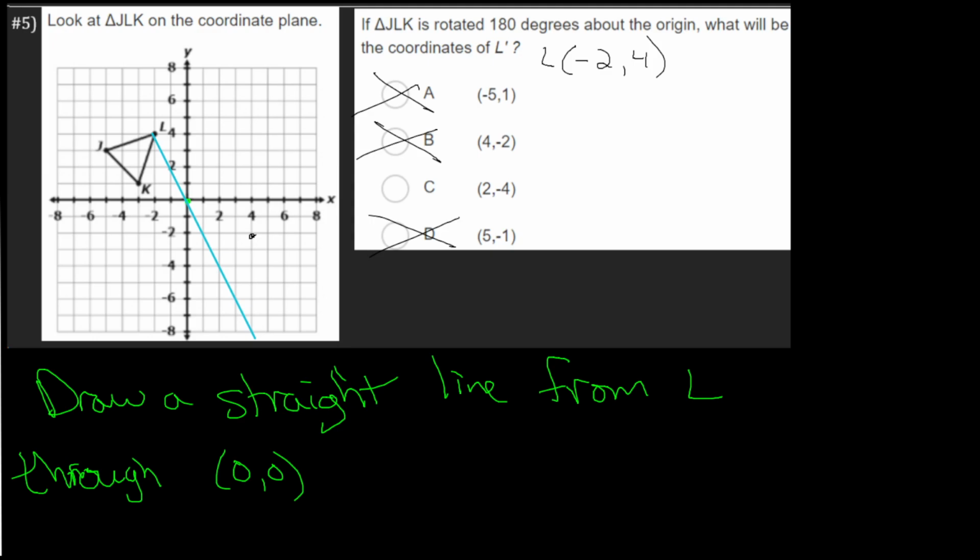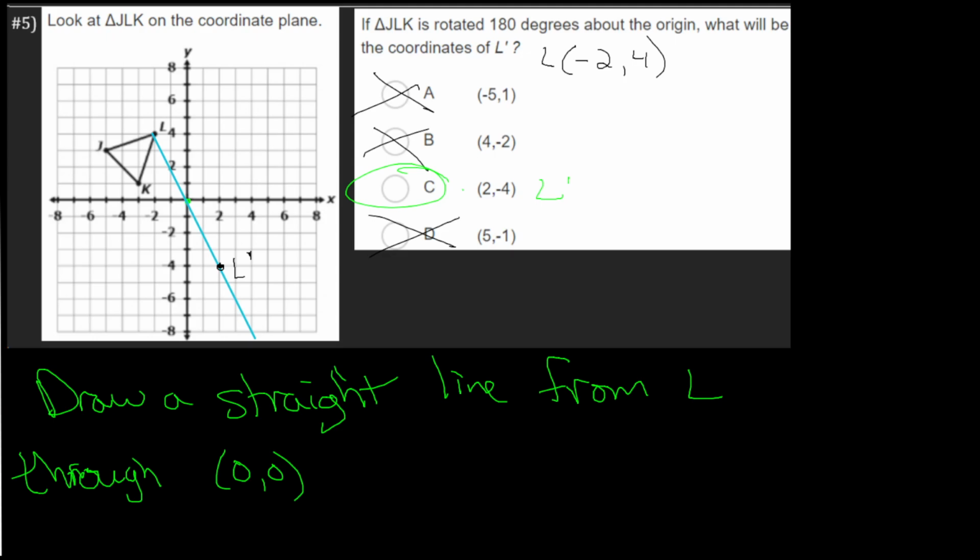But if we look at the point 2, -4, we know that's going to be our new point L prime. So pick C for that one.